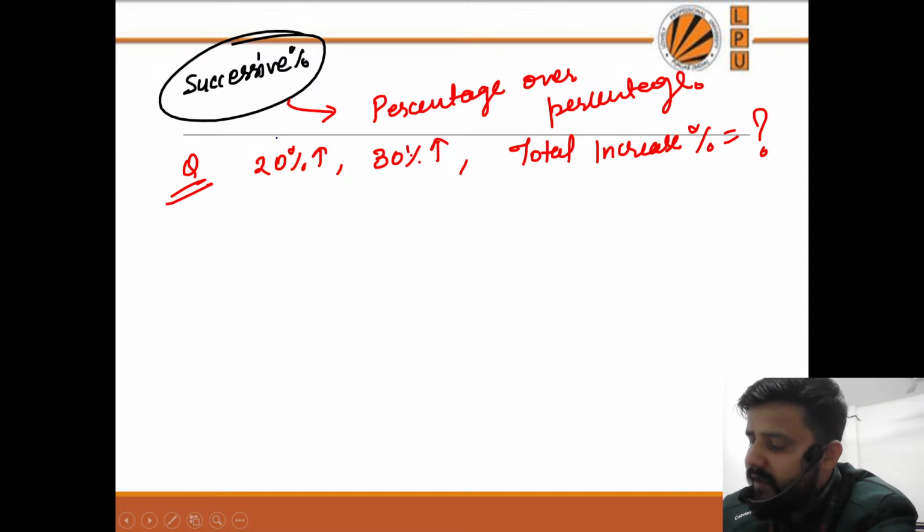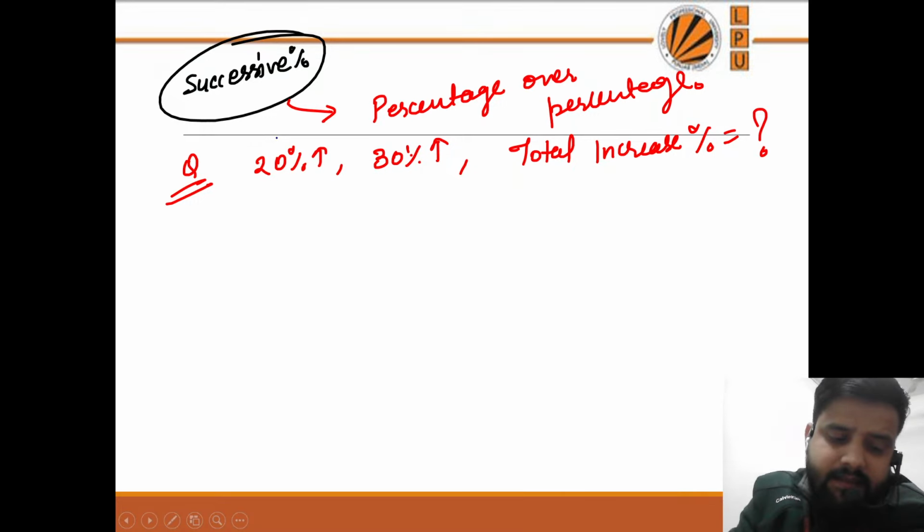Most of you are answering it incorrectly. Only Ashik has answered it correctly. Okay, let's see what it is actually. I'll tell you 2-3 methods to do it also.